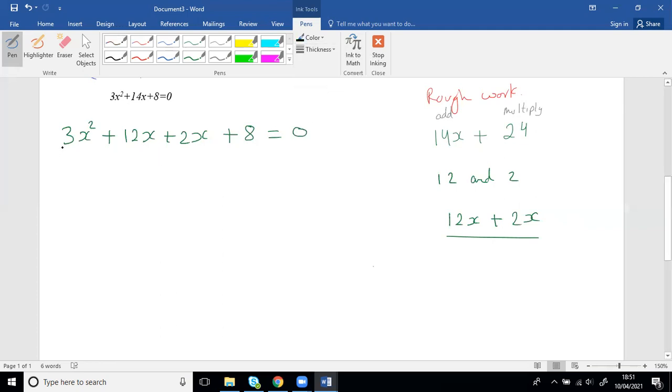What do I do next is I'm going to factorize the first two terms and the second two terms. When I factorize this, I'm going to look at the common factor between them. So the common factor between 3x squared and 12x will be 3x.